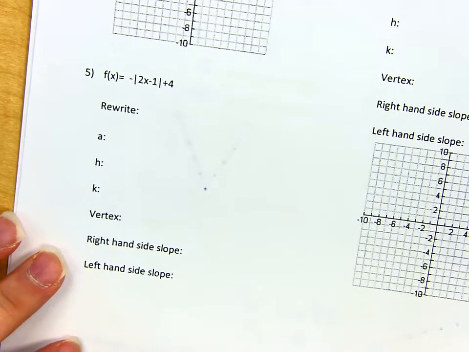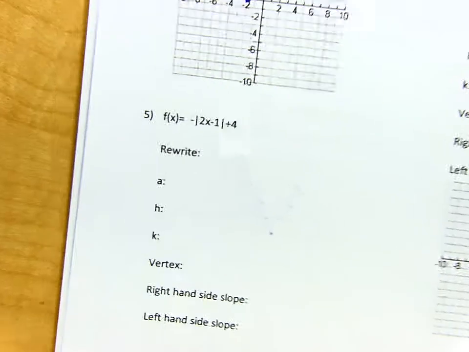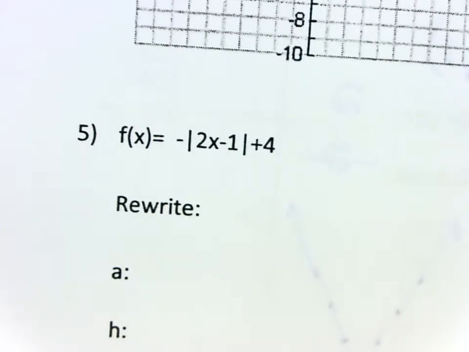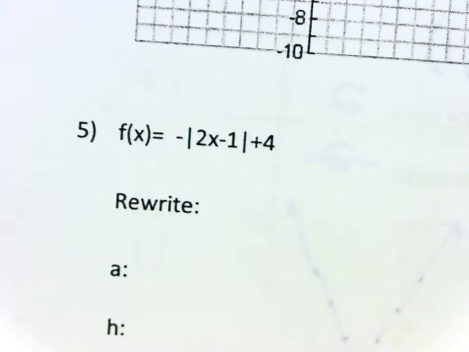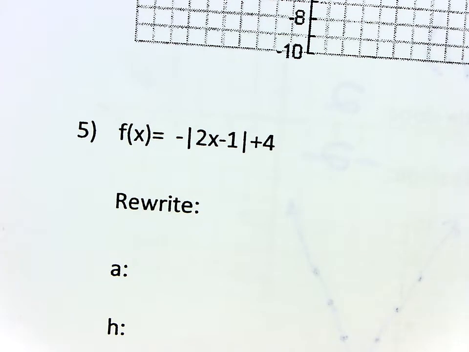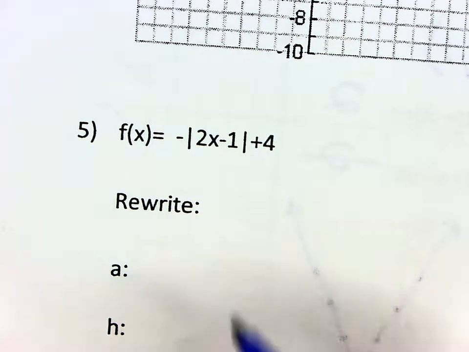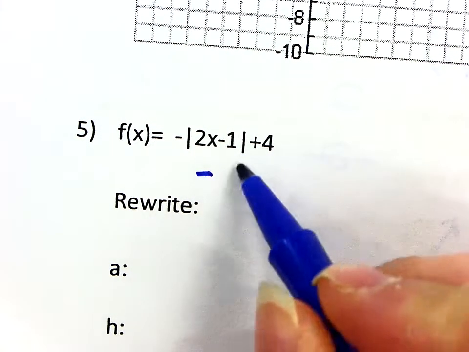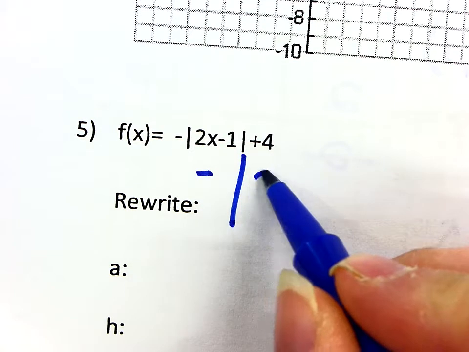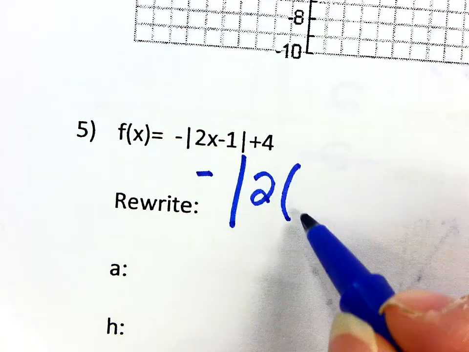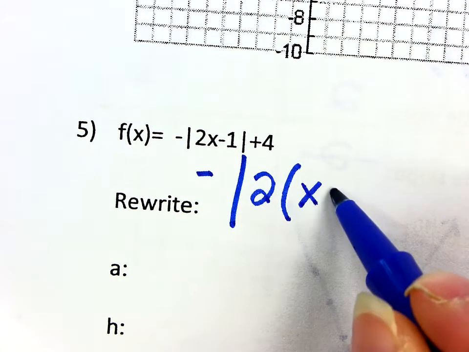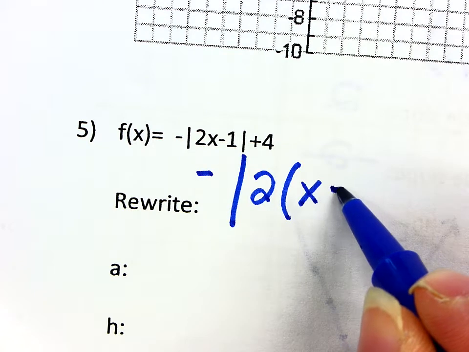So watch what's going to happen this time. Let's zoom in here. All right, so this negative out in front, that's just going to stay there. That has really nothing to do with what's going on inside my absolute value. On the inside now, I'm going to force out a 2, and then what will be left? It'll be x, and then minus a half.